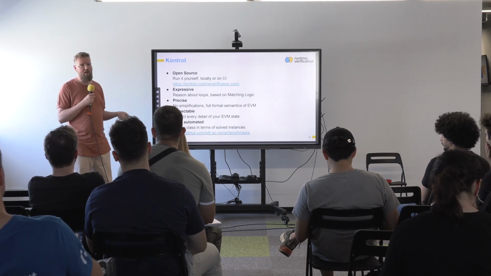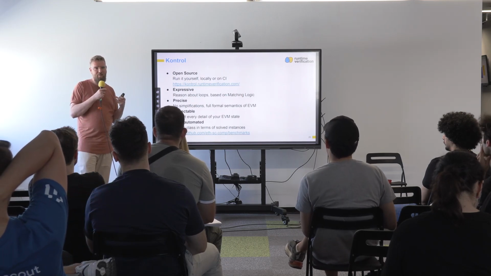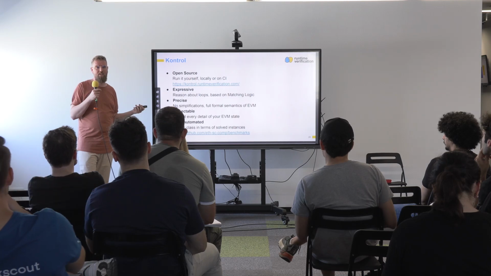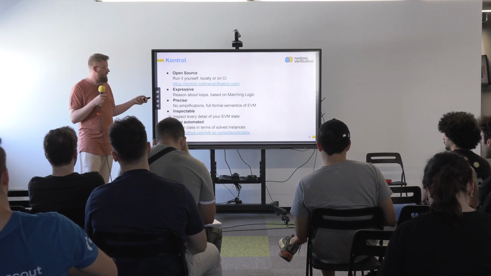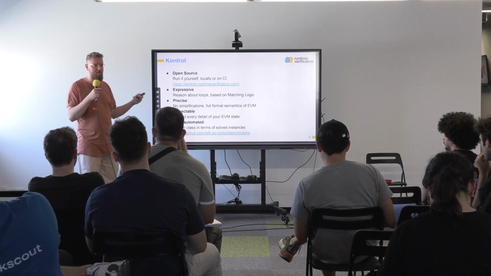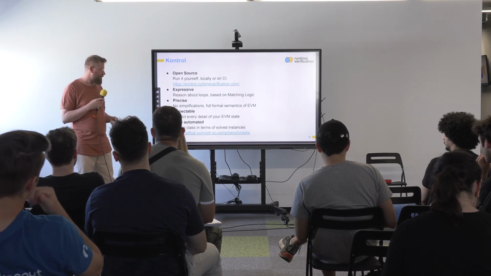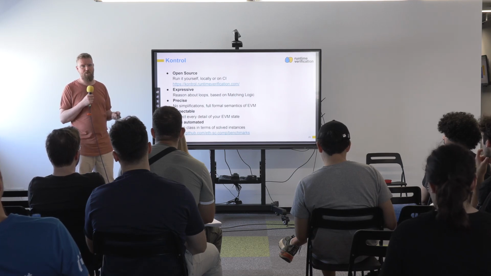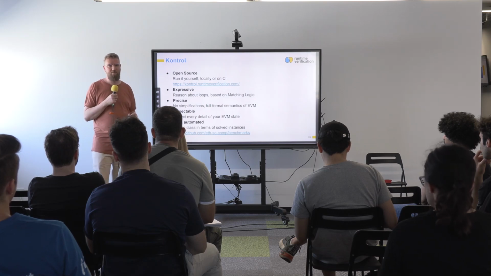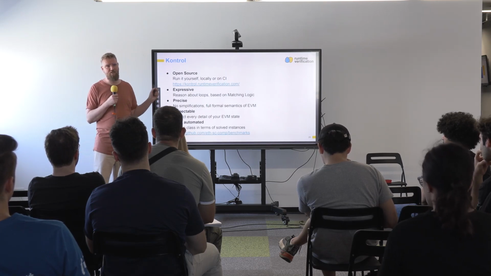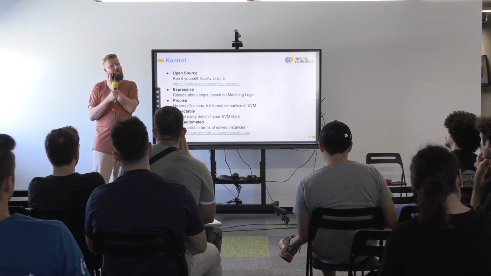Also, our tool KControl does not make any simplifying assumptions about the EVM. Lots of tools do that, but KControl is built on a complete formal semantics of the EVM, which is called KEVM. It's inspectable. That's a killer feature that not many provers have. In many cases, when your prover gets into a stuck state, it gives you very little information on how to proceed.